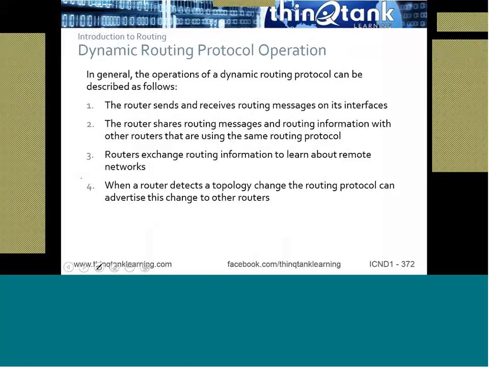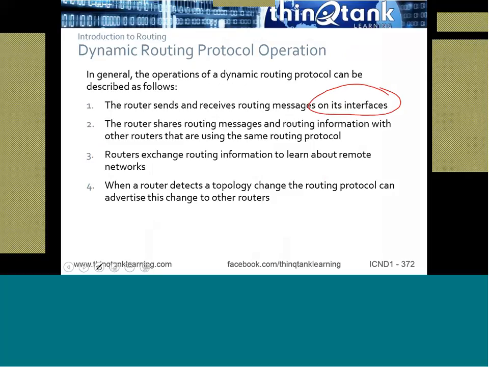All right? So how does a dynamic process work? Well, it's pretty simple. We send and receive messages on the interfaces that have the protocol enabled. Those messages can be things like hellos: hey, I'm out here, I'm an EIGRP router, I'm ready to talk to you.